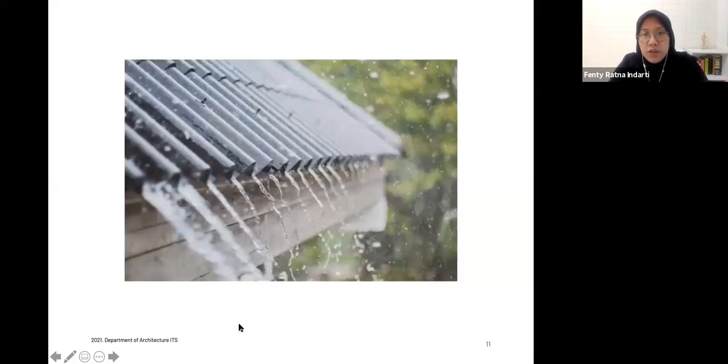And so we are going to think about how it will deliver the rainwater itself. Whether we throw it away directly like this, like what usually applies to a freestanding building where you don't have an attached area with the neighborhood or you don't have any limitation, so you can throw it away directly like this.